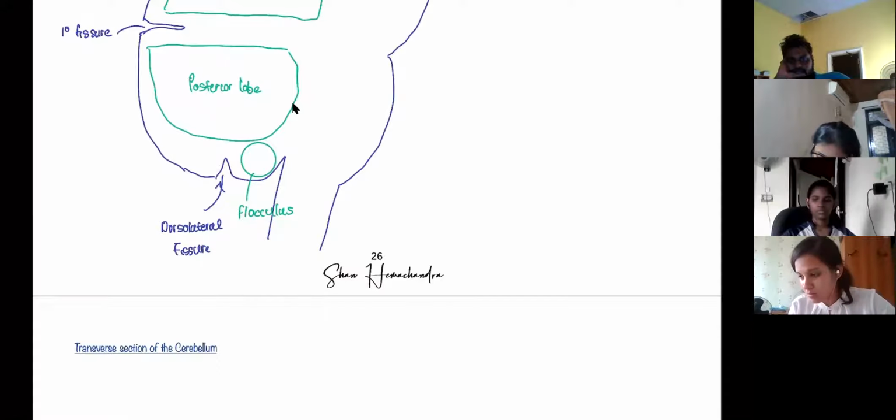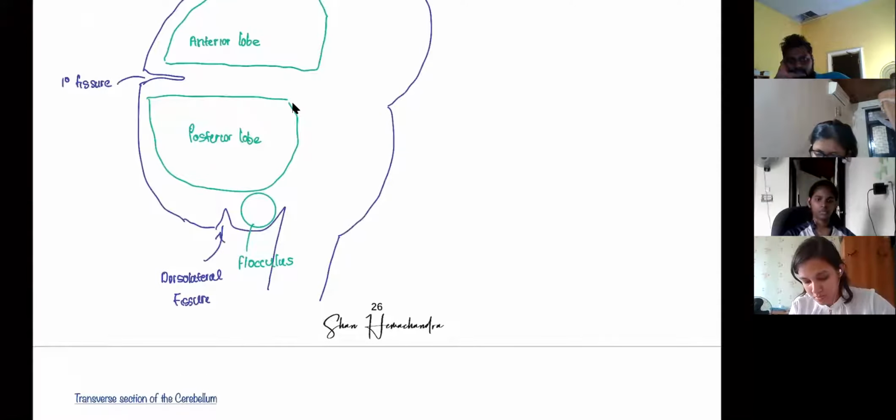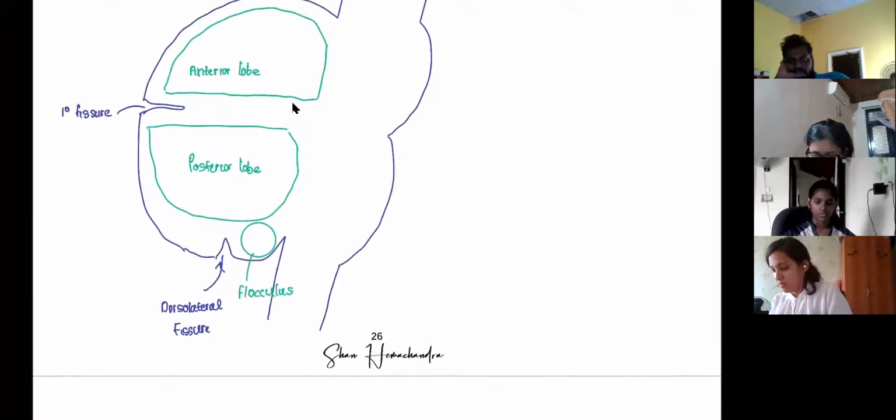These are the three structures of the cerebellum. I need you guys to understand this fact.